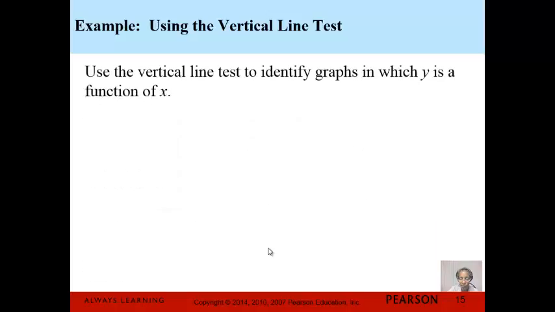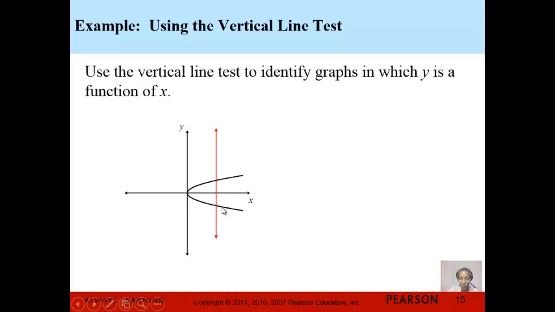So let's look at an example. Here's our graph, and we want to use the vertical line test to identify whether or not the graph represents y as a function of x. Well, notice here's a vertical line that touches the graph in more than one place. So no, y is not a function of x on this graph.